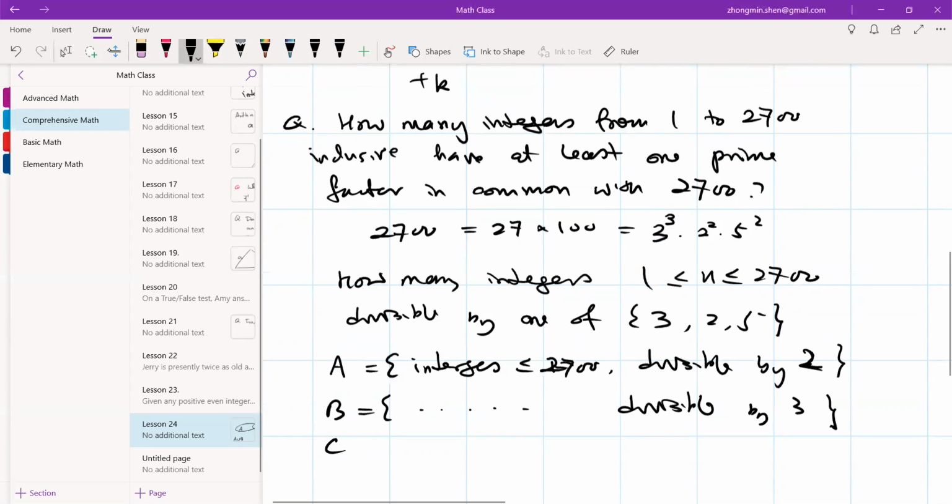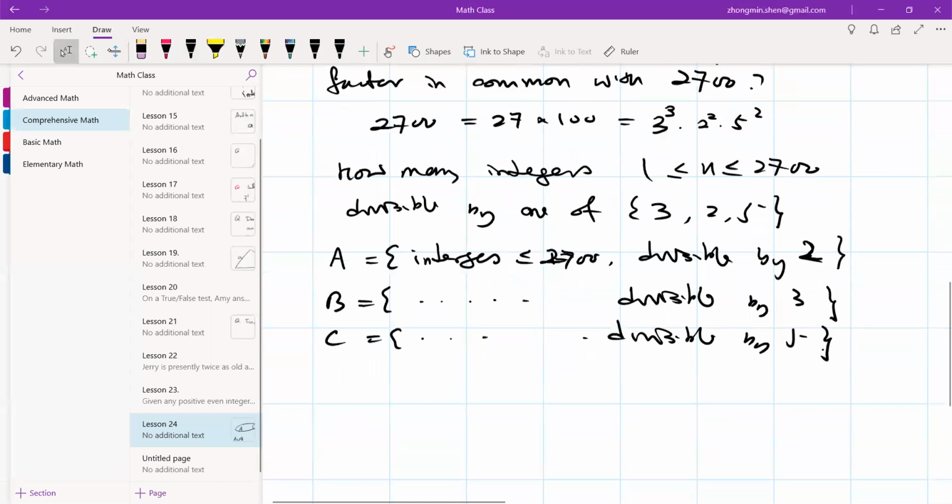Then C are the integers divisible by 5. Okay? So we are actually trying to find the elements in the union of these three sets. It means either in A or B or C. When you say in A, it's divided by 2. If it's in set B, divided by 3. If it's in set C, divided by 5.